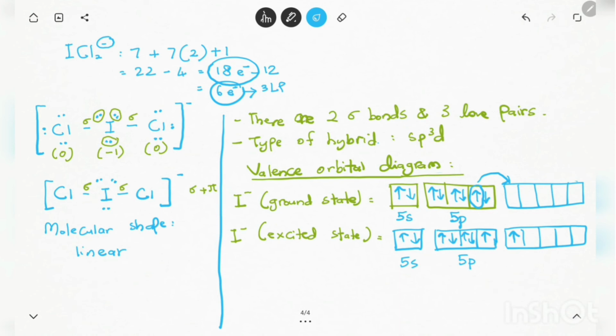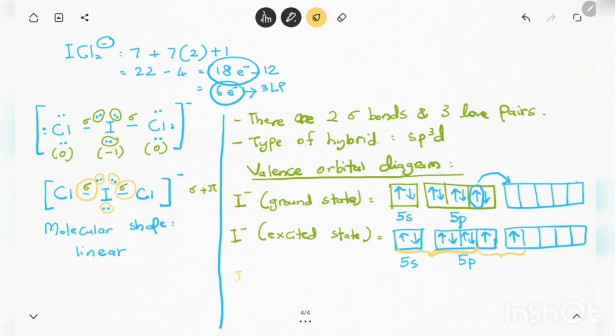If we compare our excited state with our Lewis structure, it is similar: we have 2 unpaired electrons for the formation of sigma bonds, and 3 lone pairs on the central atom.